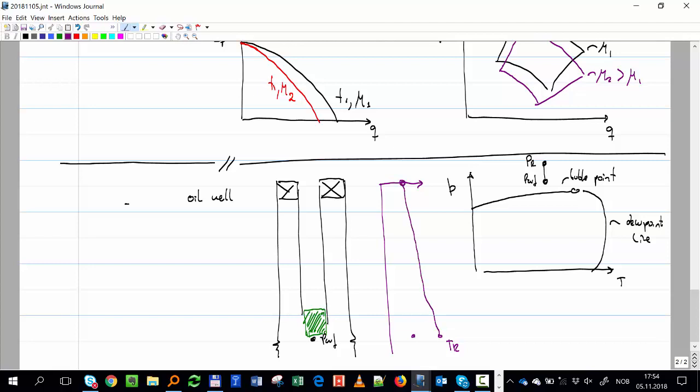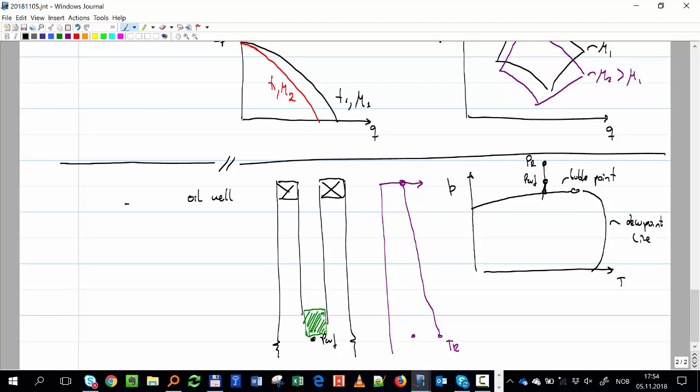Therefore, you'll have an energy transfer to the soil, the earth. So you have heat losses to the formation in that direction. Therefore, the temperature is also changing, and it starts to go something like that.